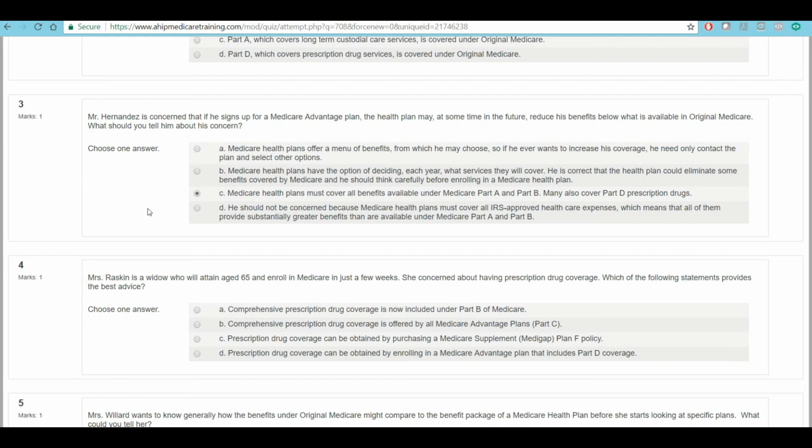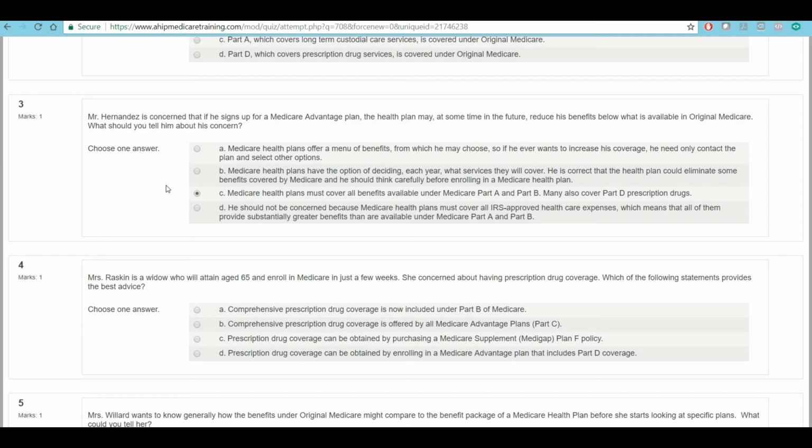Okay, so I think that it's the C, and I'll tell you why. It has been said in other tests that the Medicare health plans, that's Part C and D, have to cover all the same benefits that Medicare covers, Part A and Part B, and do better than that. So a Medicare Advantage plan, if you look at it, is better than Medicare alone.